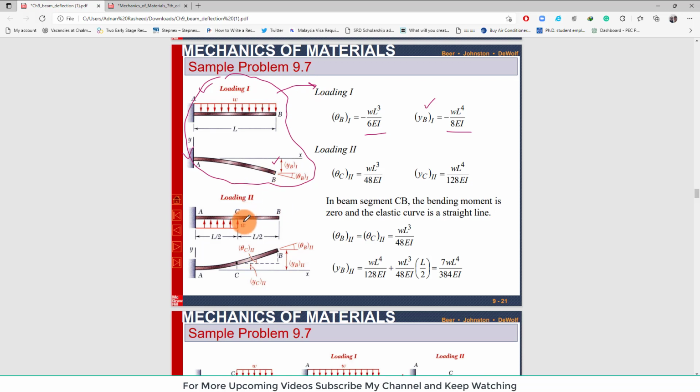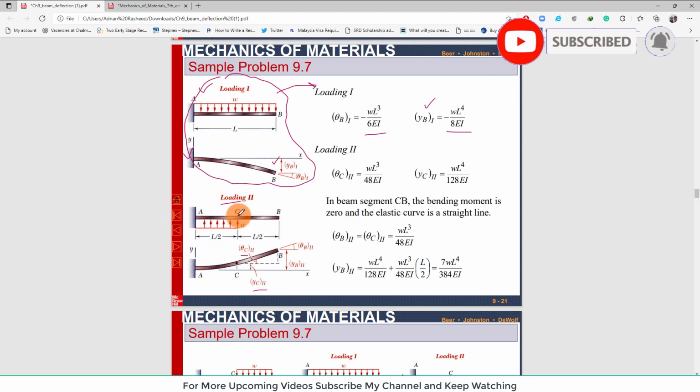Now for loading 2, you can see this is loading 2, and it is only acting on half of the beam, and you can see that at point C there will be a deflection due to loading 2 and slope due to loading 2. But at point B there will also be slope and deflection. So we will tackle it in a while. So let's start with loading 2.